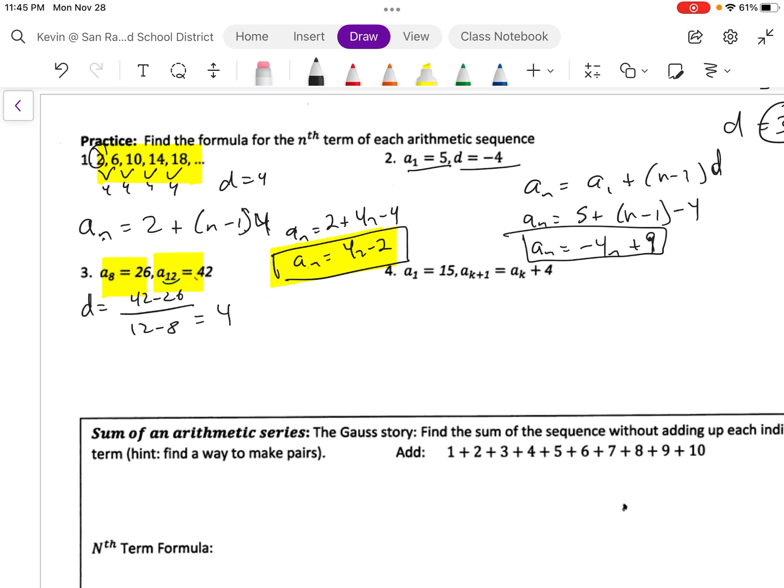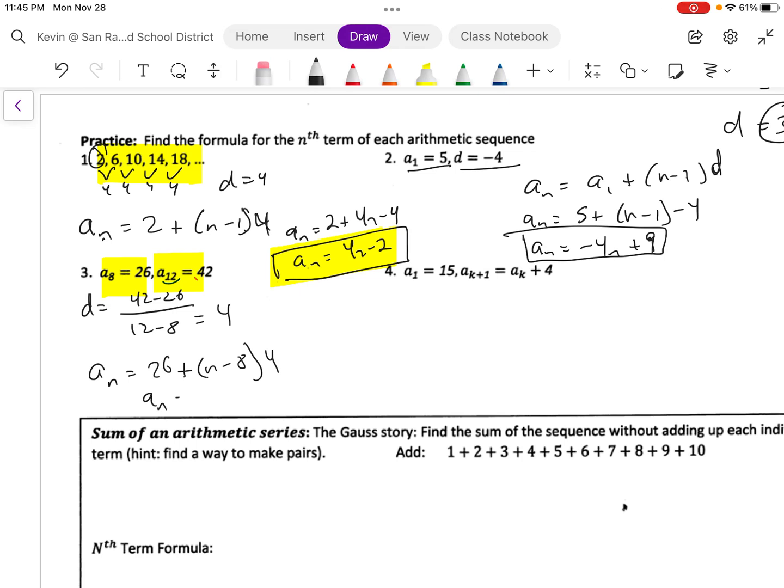So we're going to say a sub n equals a sub 8 plus n minus 8, so not n minus 1, n minus 8 because we have the 8th term, and then times 4. a sub 8, we know it's 26.